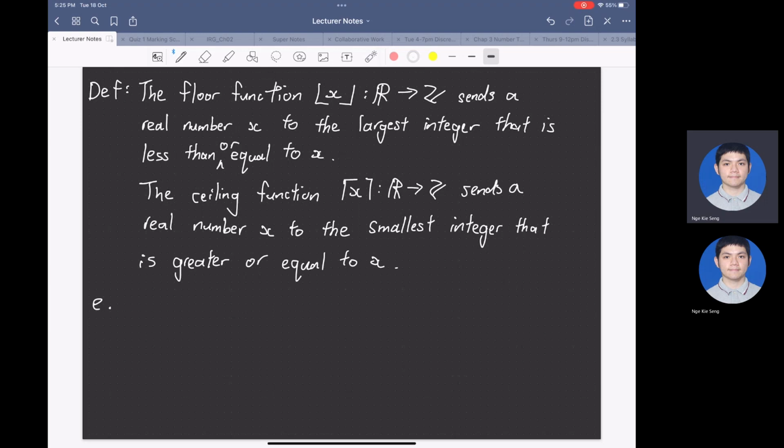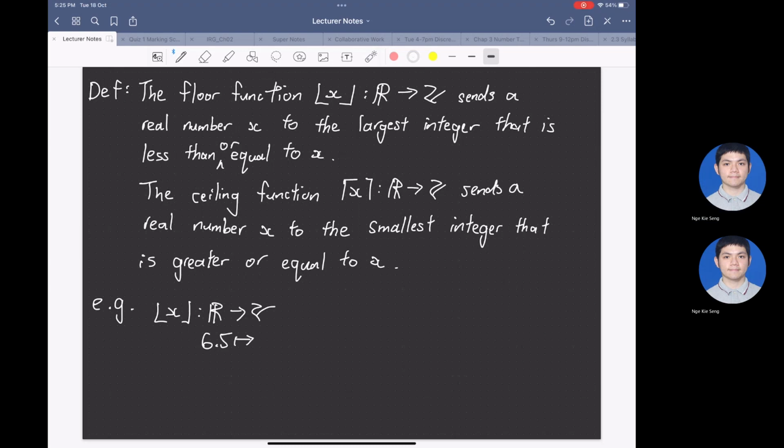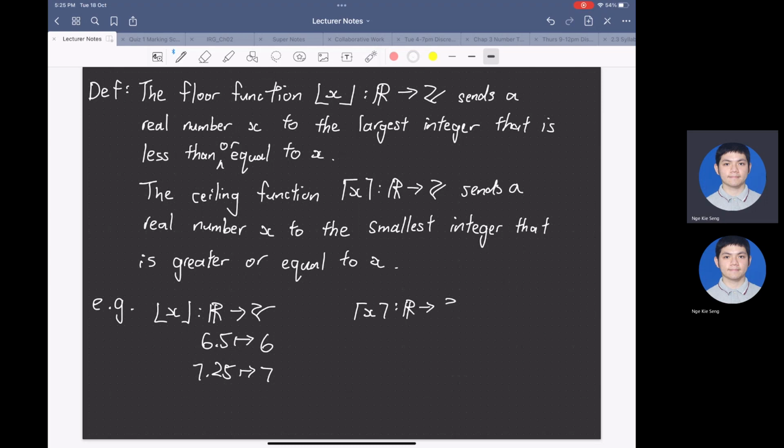So for example, the floor function sends 6.52 to 6, and 7.252 to 7. And then the ceiling function sends 6.62 to 7, and 7.252 to 8. Okay. Yep, that's right.